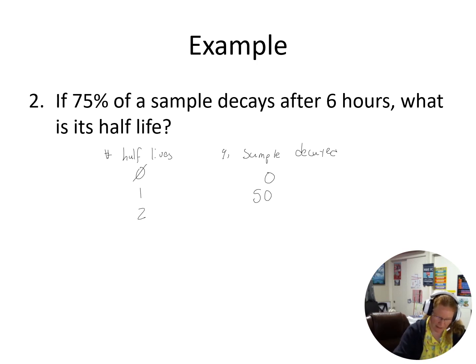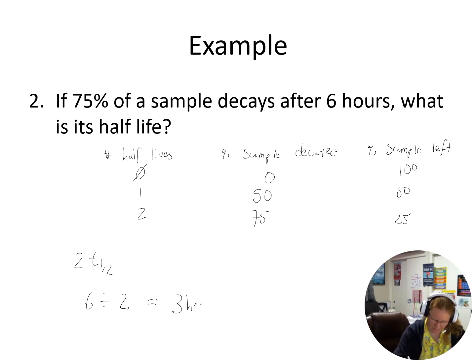After 2 half-lives, 75% of my sample is decayed, because I can also look at percent. So 2 half-lives. 6 hours divided by 2 half-lives is going to give me 3 hours. So the half-life of this particular sample is 3 hours.